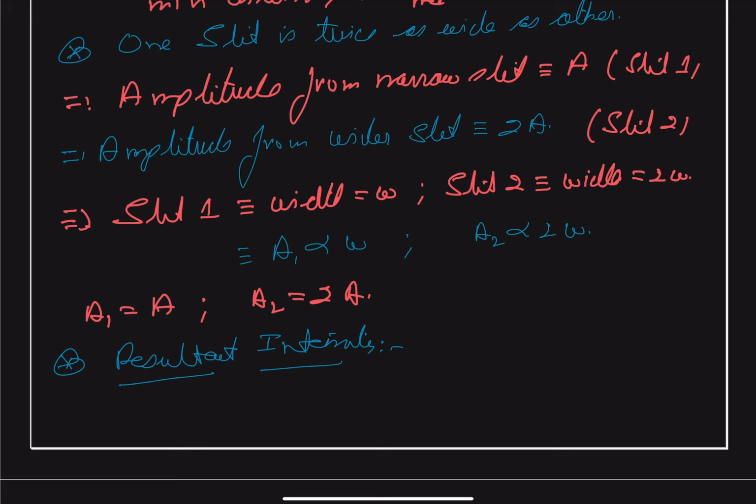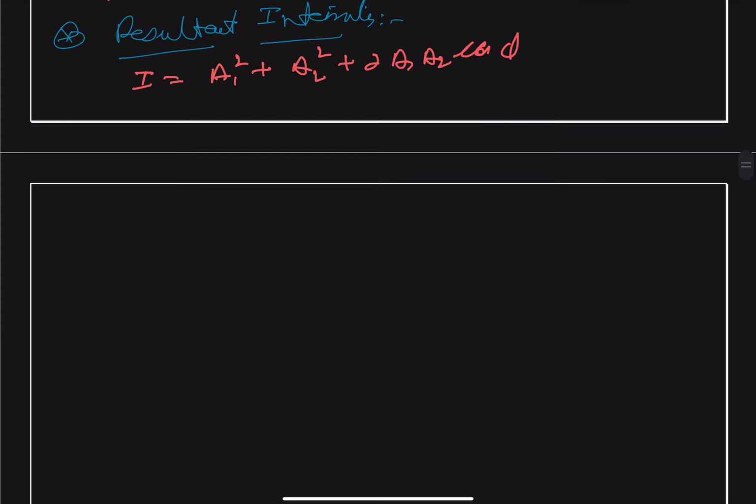So I will be equal to A1 square plus A2 square plus twice A1 A2 cos of phi, and we substitute the respective values.